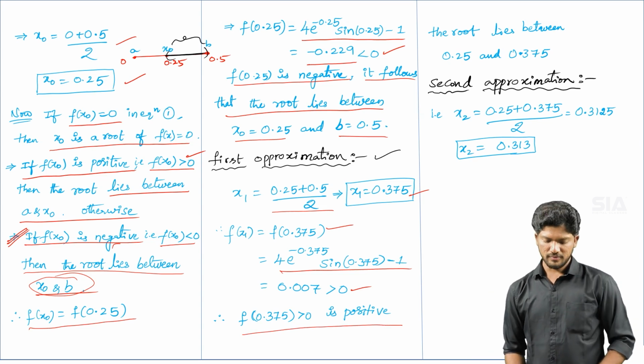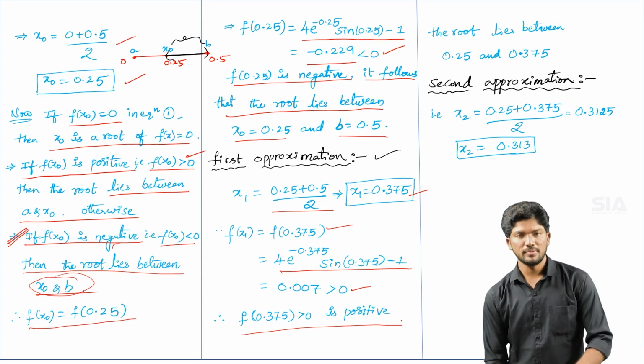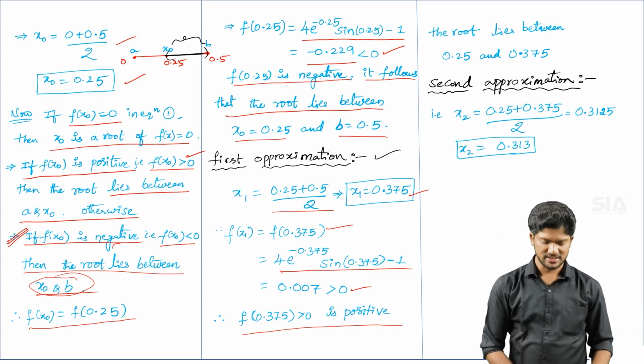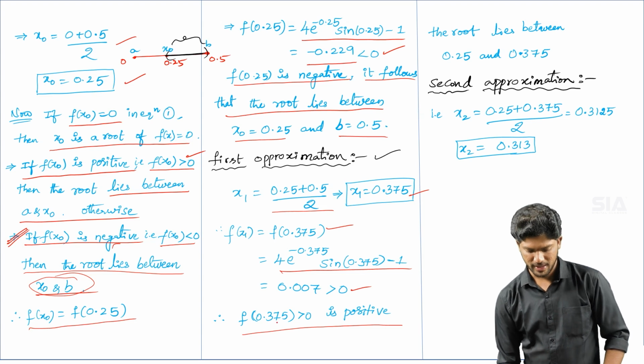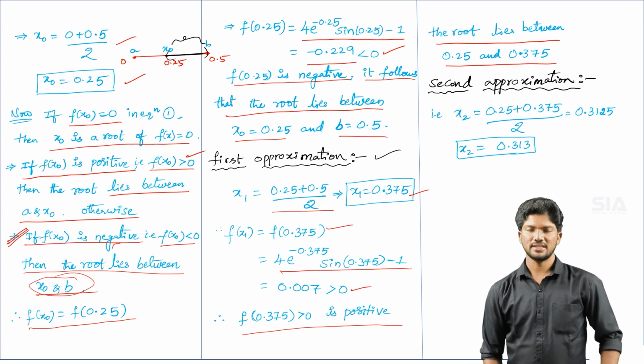If f of x1 is positive, you have to see the previous step, which value is less than 0. So f of 0.375 is positive, therefore the root lies in between 0.25 and 0.375. Why?